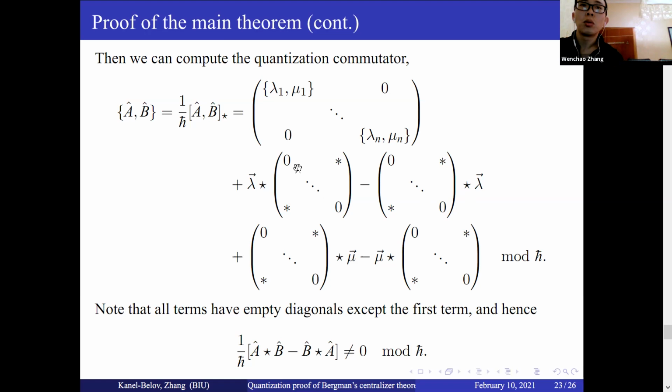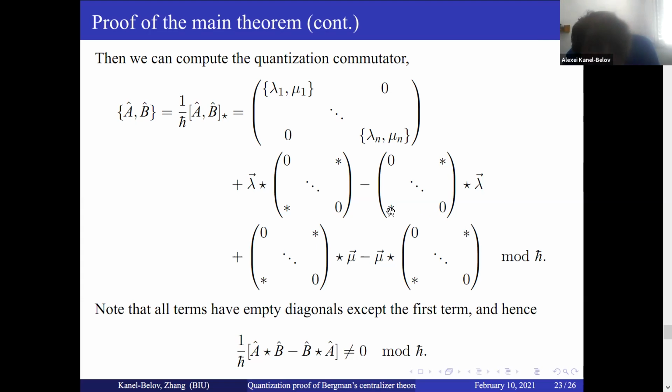I already removed the part that is divisible by h, so I think it's okay.